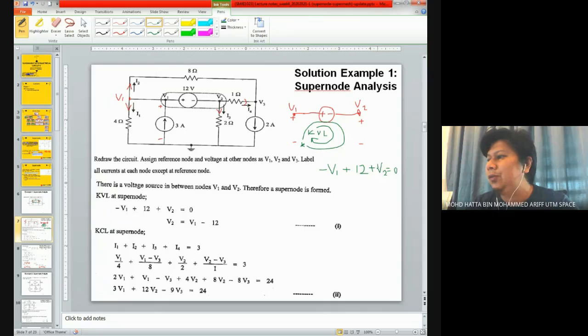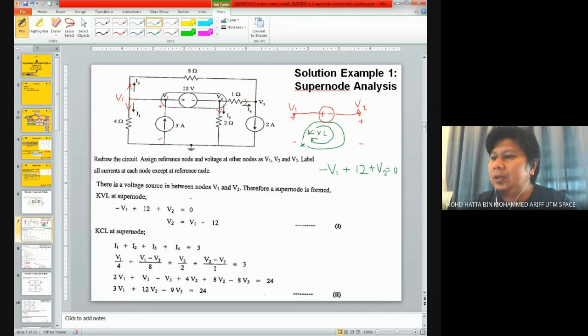This is Kirchhoff's voltage law around the supernode loop. And remember that we don't care about this current source and also the voltage across the 2 ohm resistor, because from this point towards the ground it's already considered as V1. So this is Kirchhoff's voltage law at the supernode.